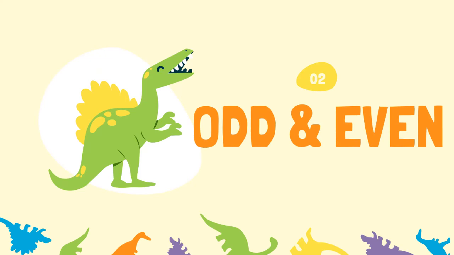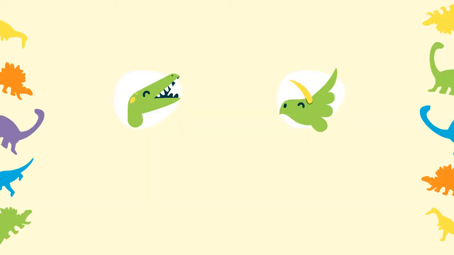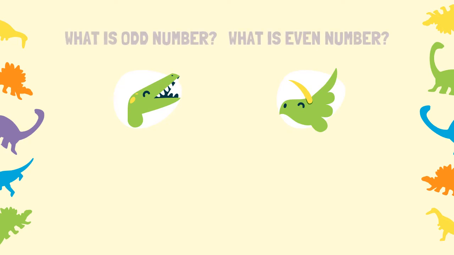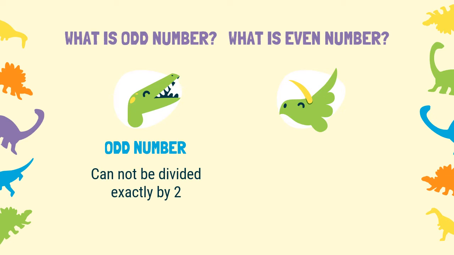Now the second, we will study about odd and even number. Okay. What is odd number? What is even number? The first, we talk about odd number. Odd numbers are all numbers which cannot be divided exactly by 2.